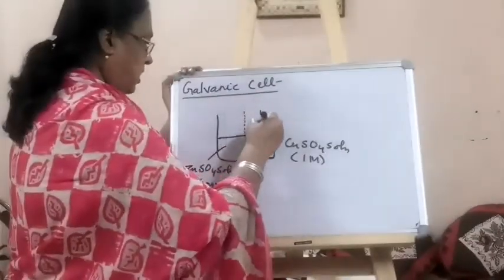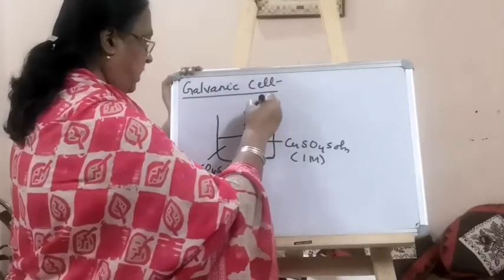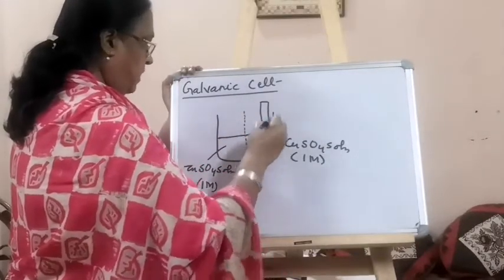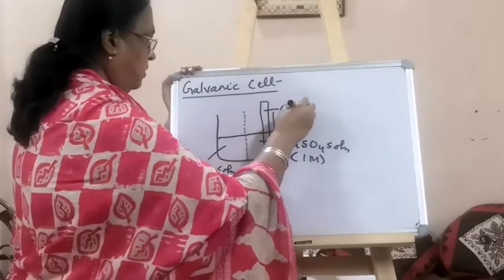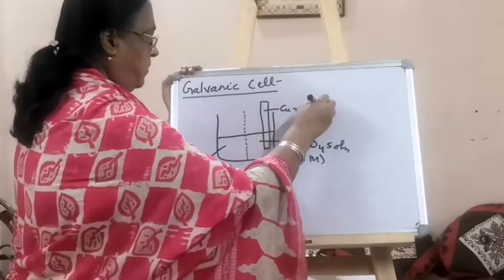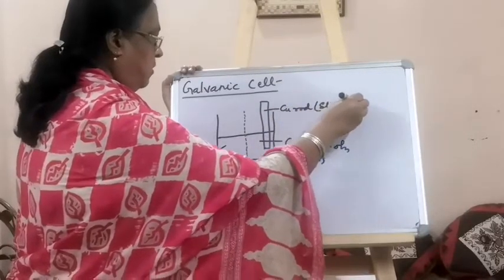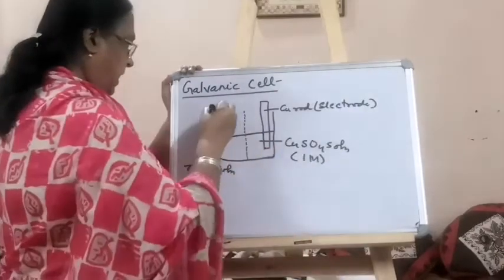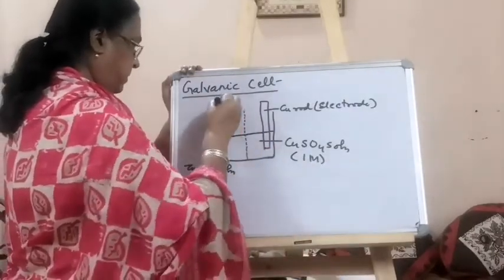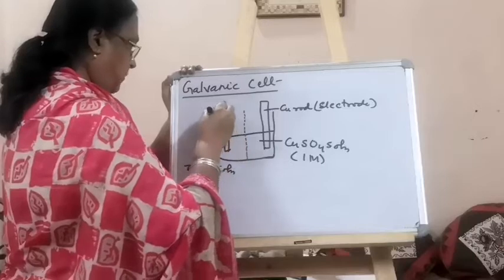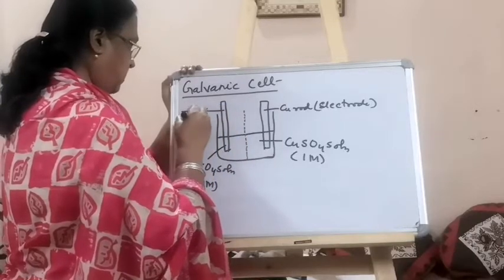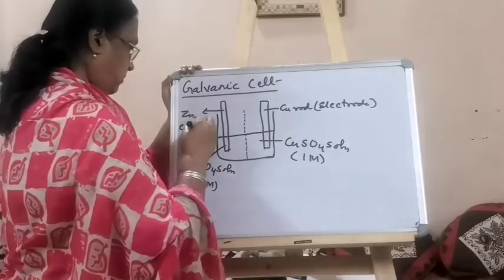In this a copper rod, or you can say copper electrode, is dipped, and here a rod of zinc is dipped. So this is the zinc electrode.